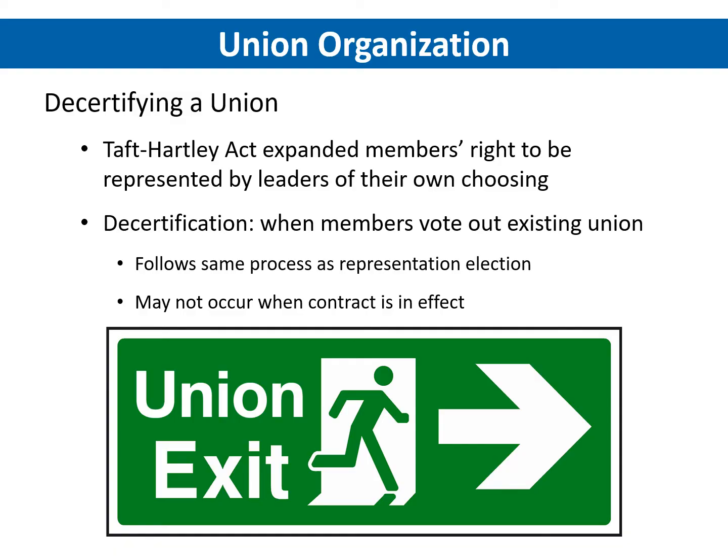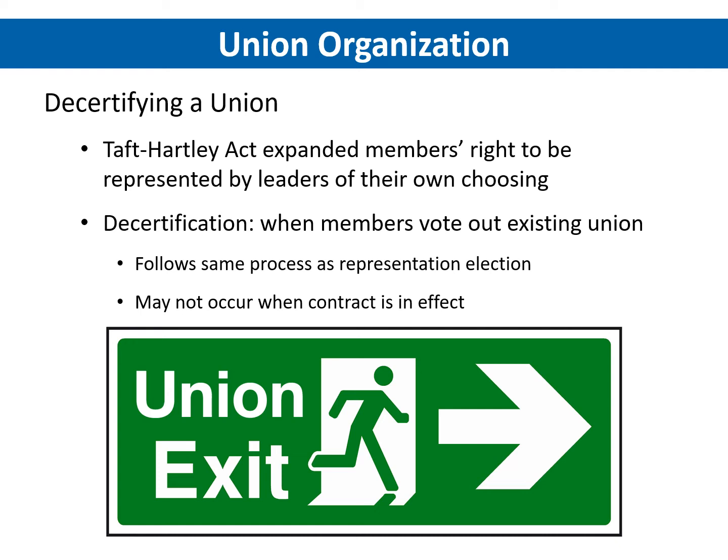But unions aren't always successful, and sometimes employees want to exit the union. The Taft-Hartley Act expanded members' rights to decertify the union, and decertification takes place when an organization that has a union has that union disbanded. In order for this to happen, 30% of the employees must petition for a decertification election. Now, you can't petition for a decertification election while you're under contract.